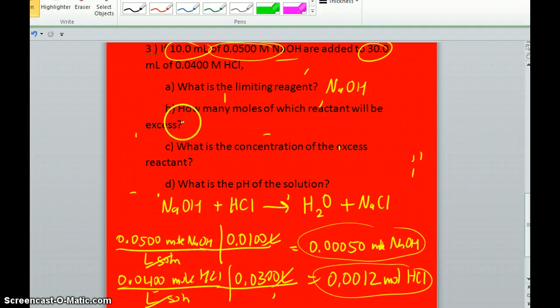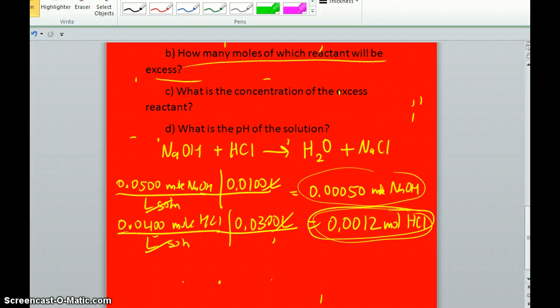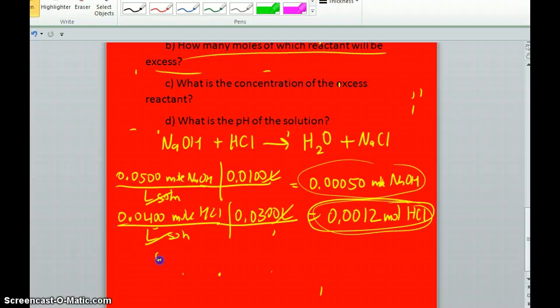Then it asks how many moles of which reactant will be excess. Well, the thing left over is going to be the hydrochloric acid, some of it gets used. And to calculate excess, we always calculate what we start with, 0.0012 moles HCl, and subtract what we use.